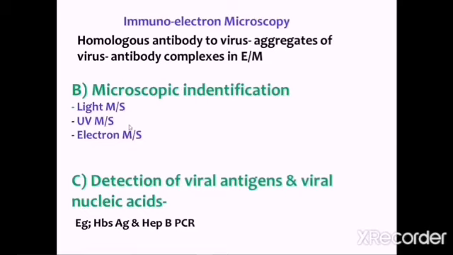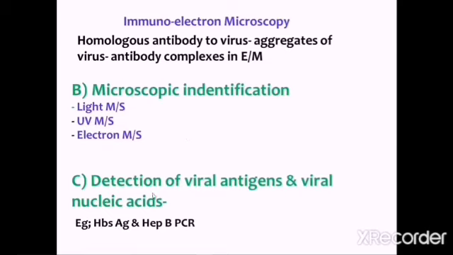Microscopic identification with the help of light microscope, and the example would be of multinucleated giant cells to see the cytopathic effect, ultraviolet microscope for fluorescent antibody staining of virus and infected cell, electron microscope to see the size and morphology of virus.